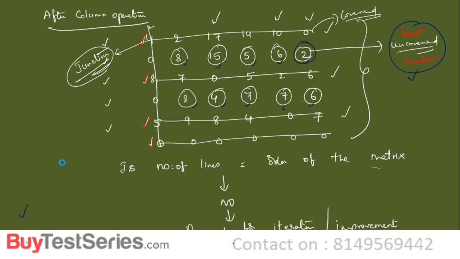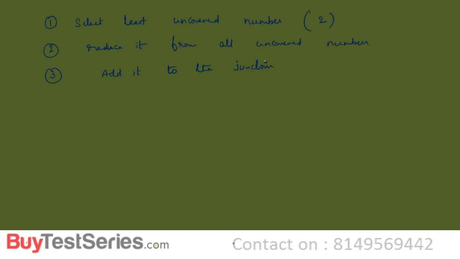Let me write the steps here. First one, select the least uncovered number. In our answer it is 2. Next, reduce it from all uncovered numbers. Third, add it to the junctions.